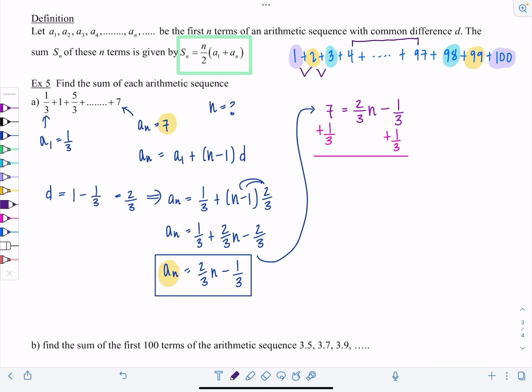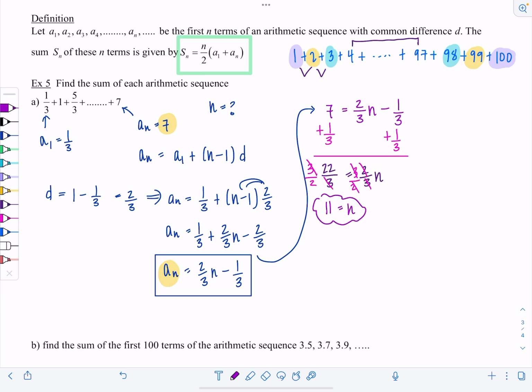So if I add another 1/3, that's going to be 22/3 equals 2/3 times n. And then I'll multiply both sides by 3/2, so I can cancel out the coefficients. And then 22 divided by 2, that's going to give me 11.